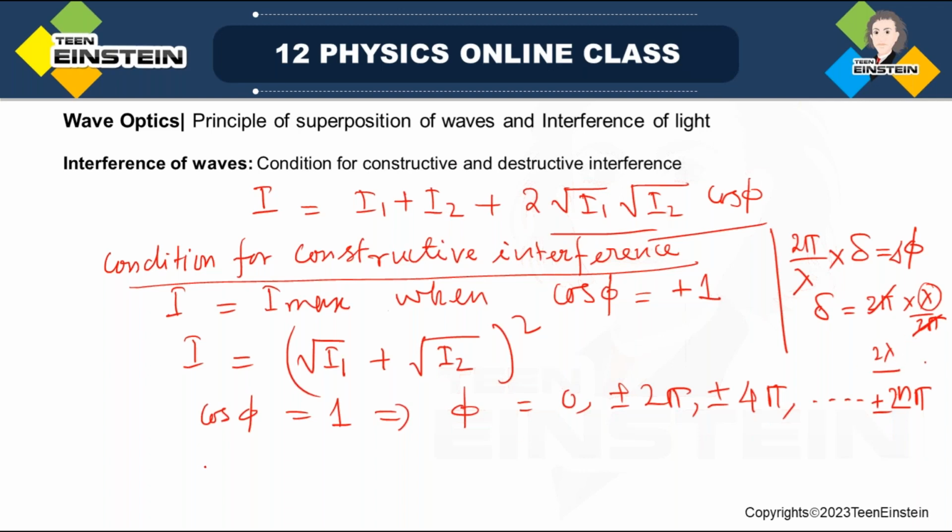So I'll write one sentence over here. Hence, the resultant intensity at any point will be maximum when the phase difference between two superposing waves is an even multiple of pi, or the path difference is an integral multiple of lambda. Okay, this is the condition for constructive interference.